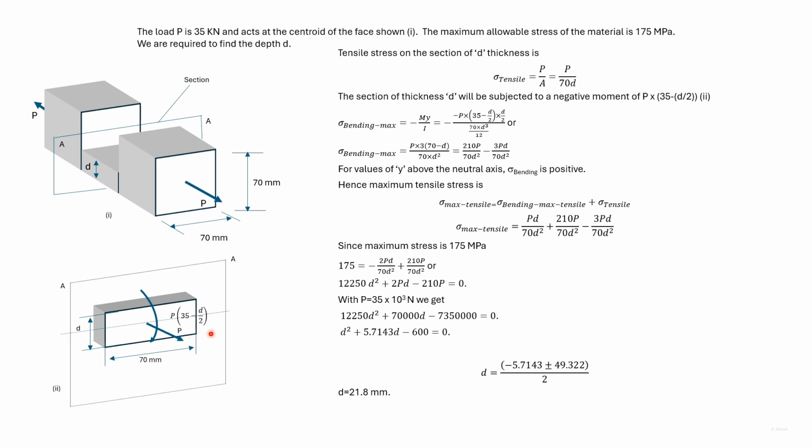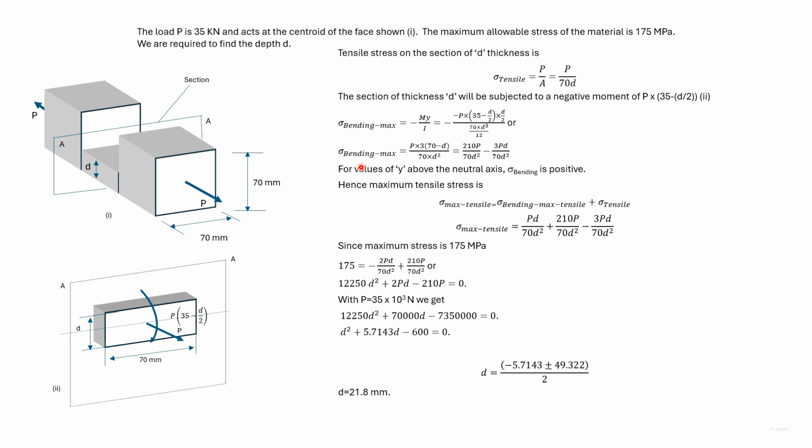The maximum tensile stress due to P is equal to P divided by 70D. The maximum tensile stress due to bending occurs at y equal to D by 2. So we have substituted D by 2 for y, and I is the I of this section.